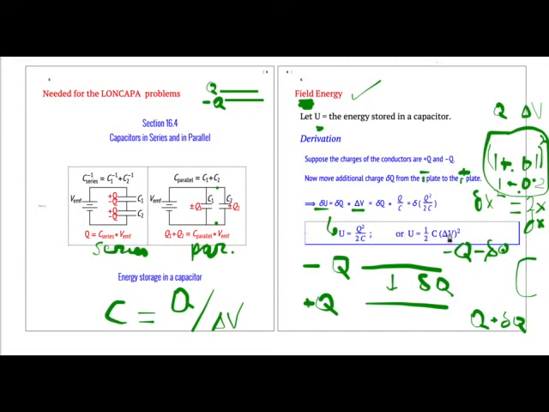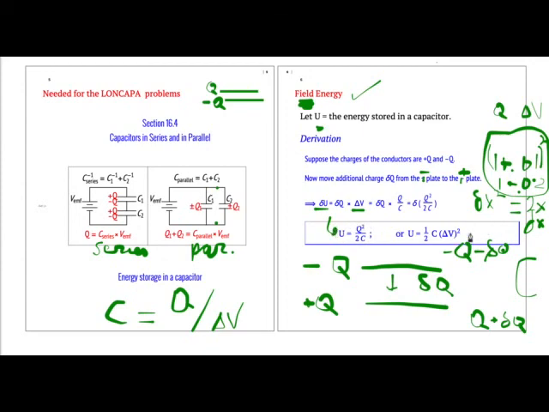Or I can rewrite it in terms of the potential. Remember, Q is C delta V, so Q squared is C squared delta V squared. Then I divide by 2, and I divide by C. So I'm left with 1/2 C delta V squared. So these equations, I hope you're taking notes.